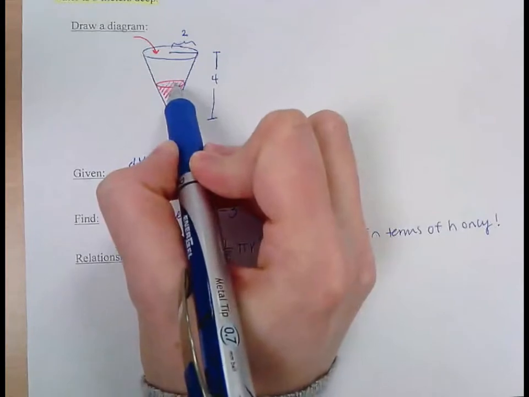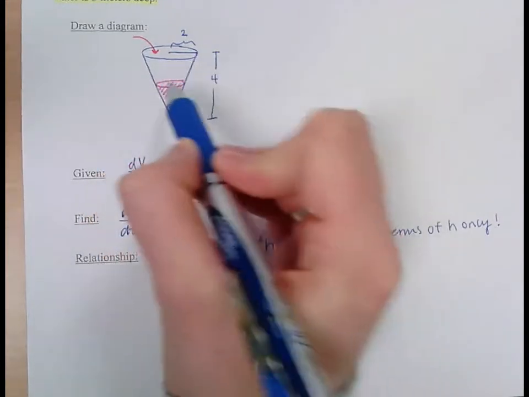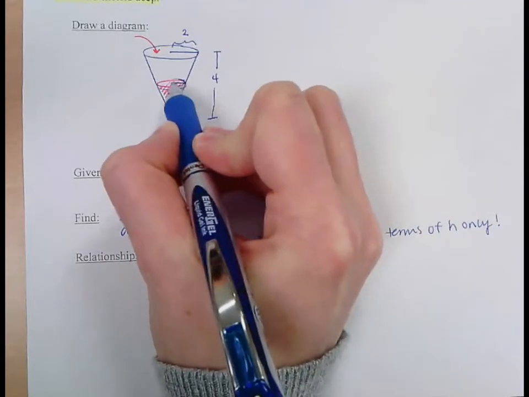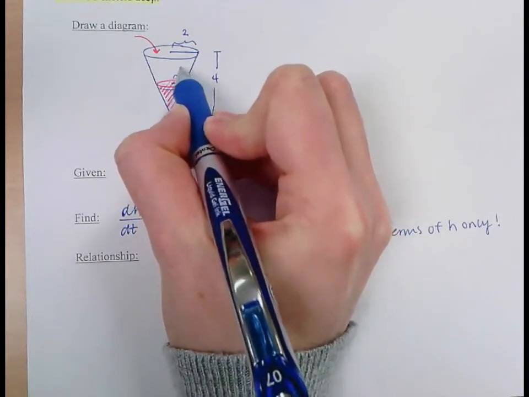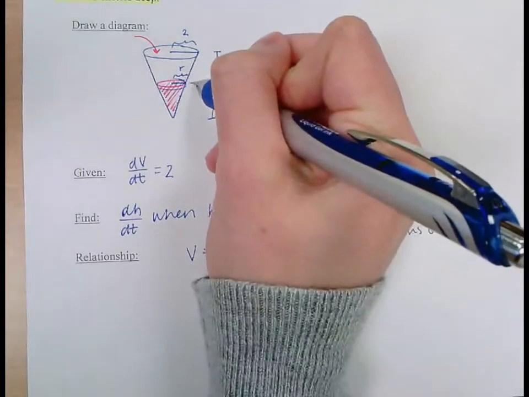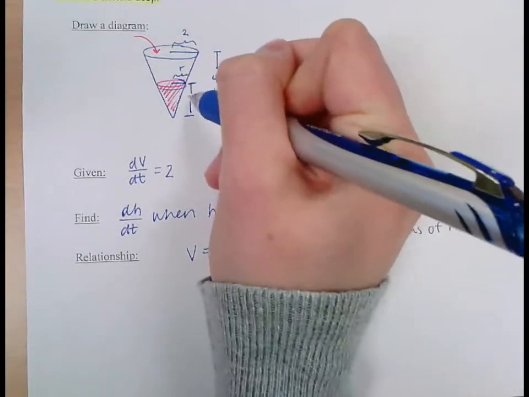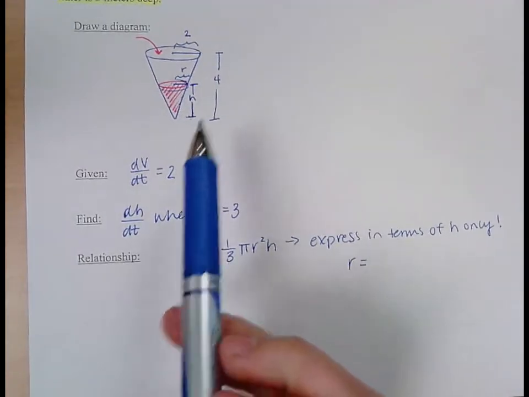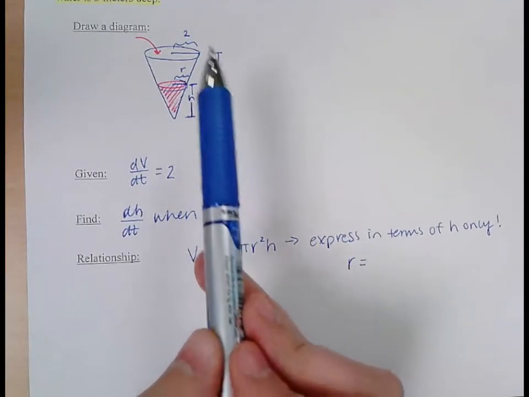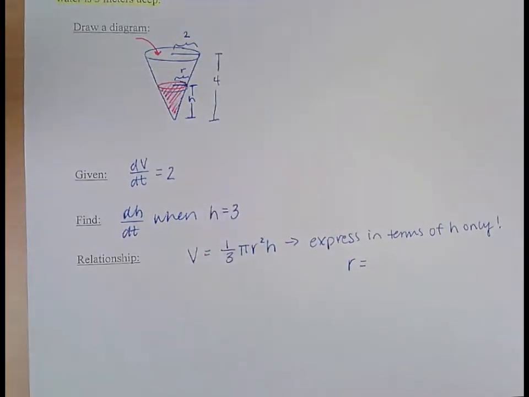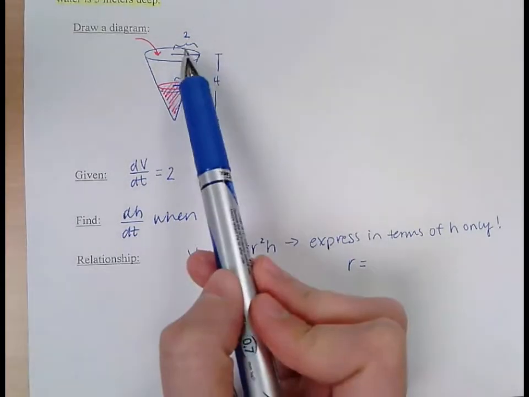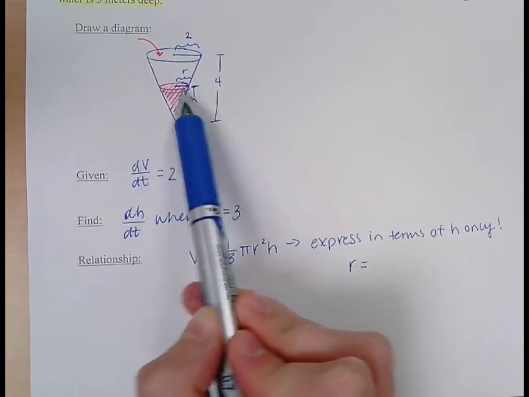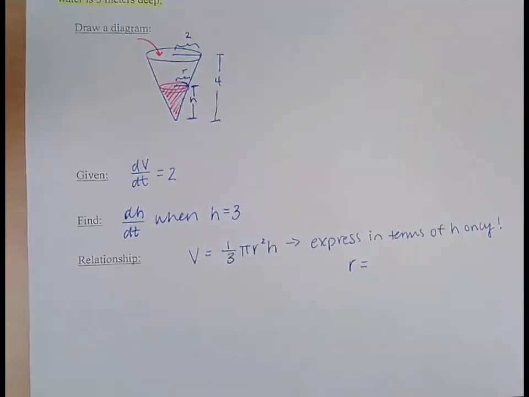So if I were at any random point within this cone, so let's say this circle here, the radius of this circle would be changing. I'm just going to call that r. And the height of the water at that point is also changing. I'm just going to call that h. So what I can do here is set up a proportion, because I know the maximum radius, the maximum height, and then I know the radius at any point is r, the height at any point is h.